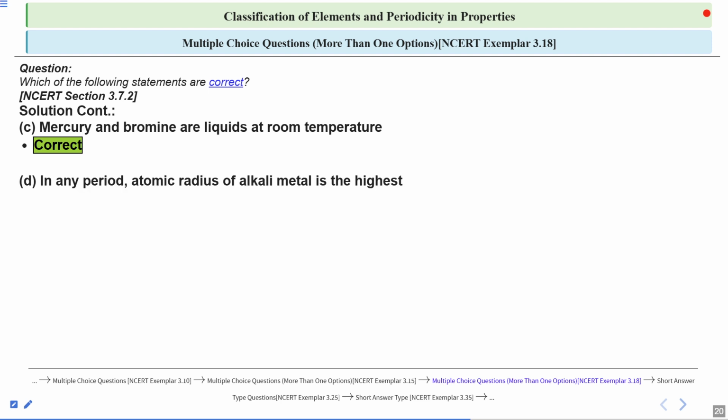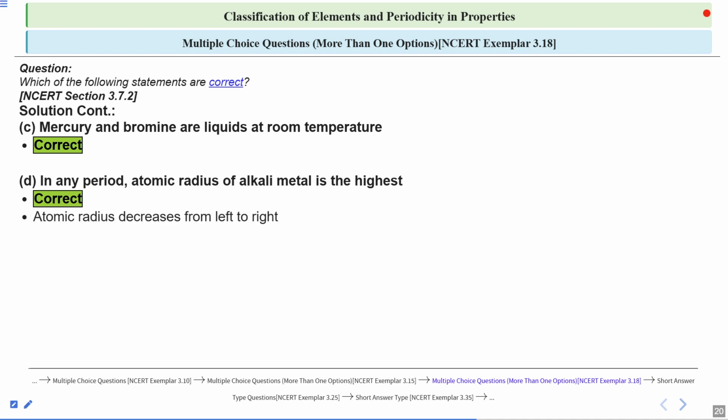In any period, atomic radius of alkali metal is the highest. I don't think we have to discuss much about it. We know that as we move from left to right, the ionization enthalpy increases, and as a result, the atomic radii is also decreasing. So this statement is correct.